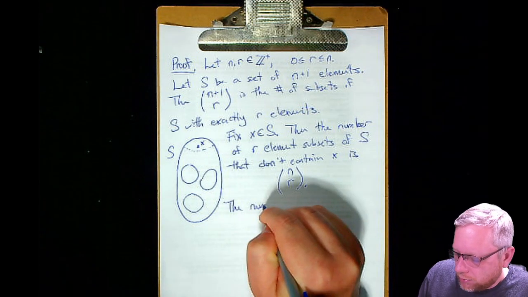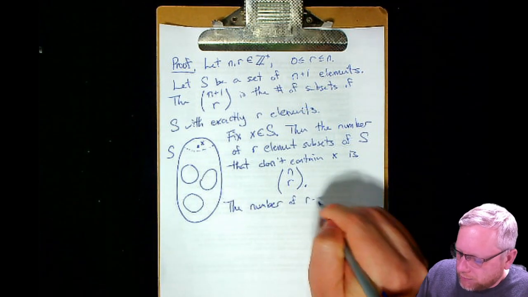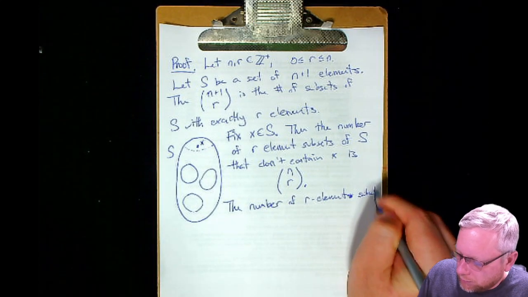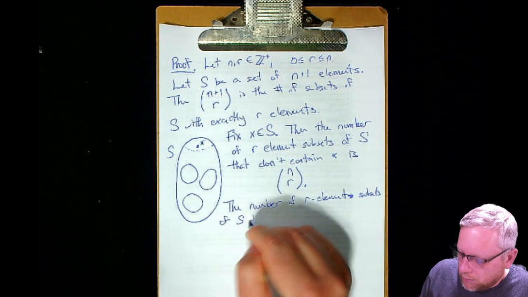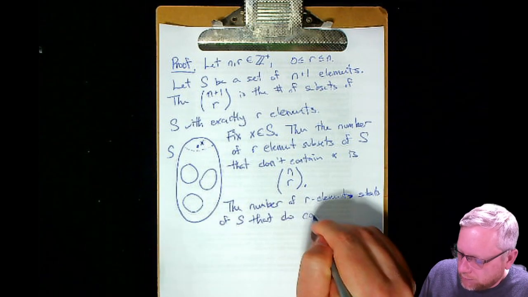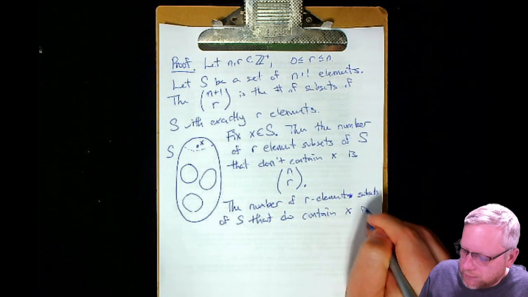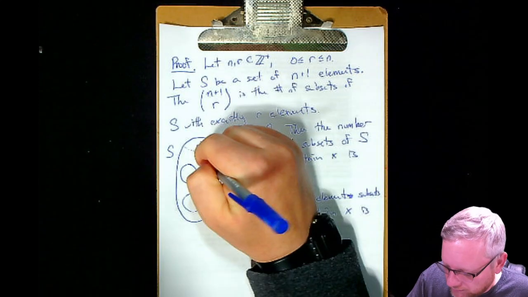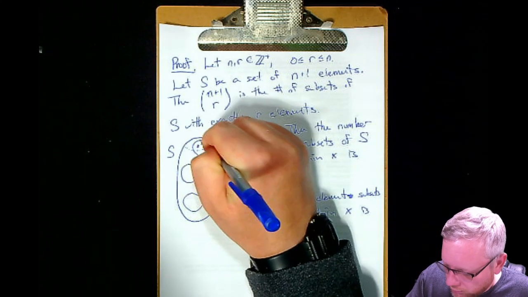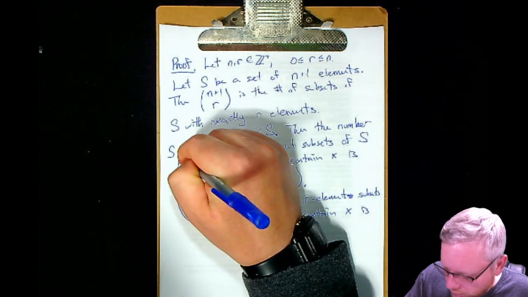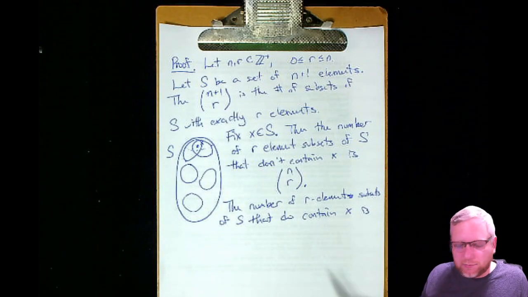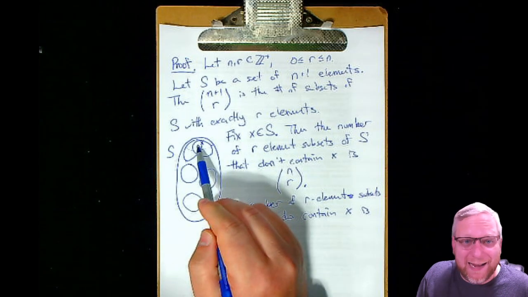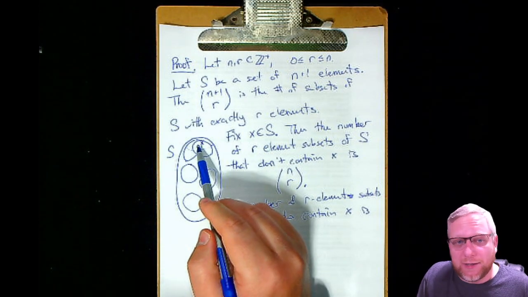The number of r element subsets of S that do contain x is what? Well, if it does contain x, there's one here, another one here, sets that do contain x. I just need to identify what the other elements are.